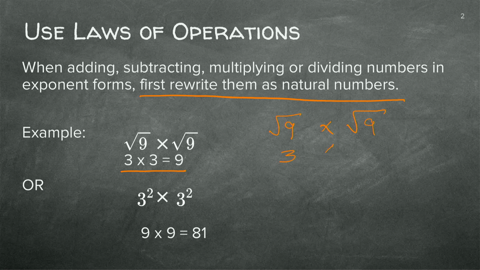That is 3 times 3, so that equals 9. Okay. On the other hand, if they ask us 3 squared times 3 squared, again, it is 9 times 9, and that gives us 81. So the first thing to remember is to always rewrite the exponent forms in their natural numbers.